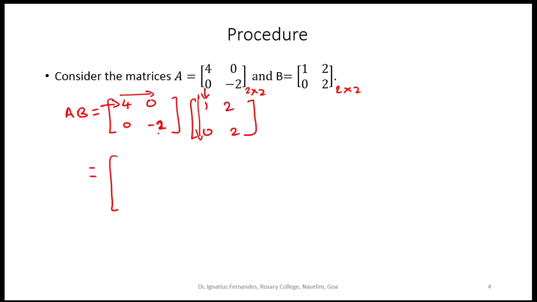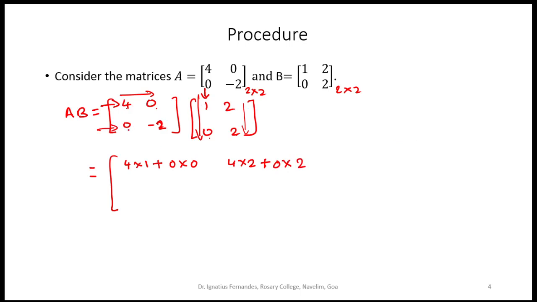So 4 into 1 plus 0 into 0. Okay, so the first row I multiply to the first column, then next I multiply the first row to the second column. So 4 into 2 plus 0 into 2. Once I am done with the first row, then I go to the second row.